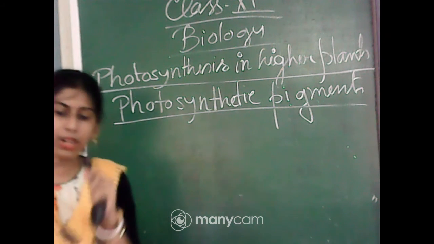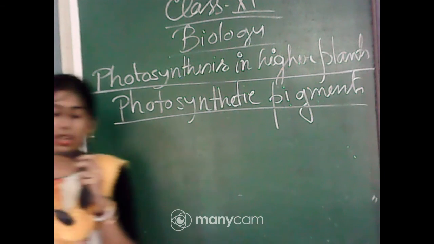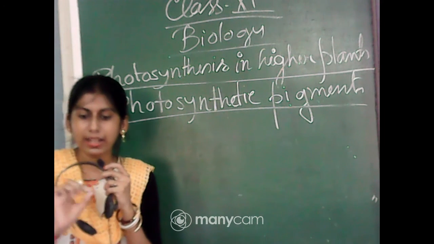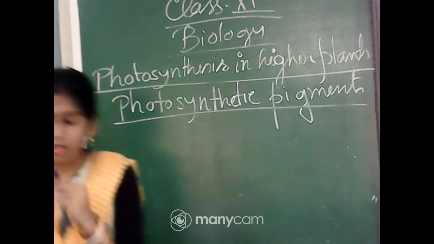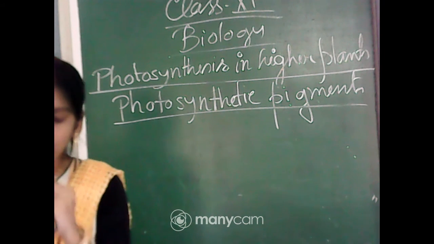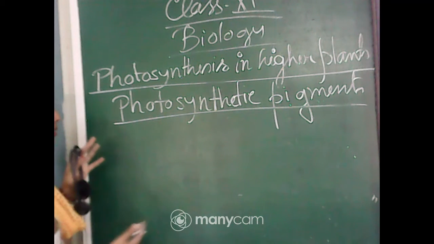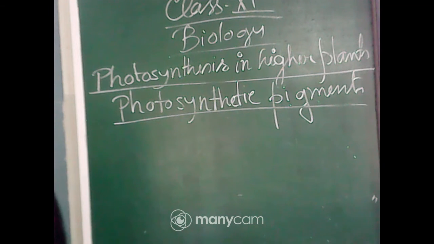Whenever you perform that chromatographic experiment, at the end we get bands of different colors. From that we can conclude that more than one pigment plays a role in photosynthesis. These are called photosynthetic pigments.